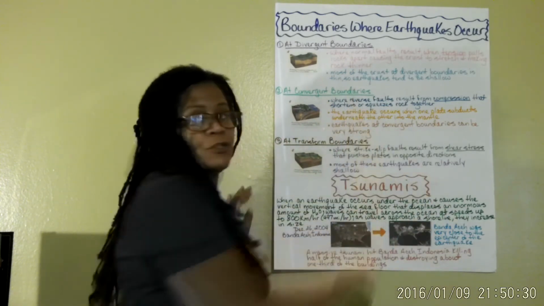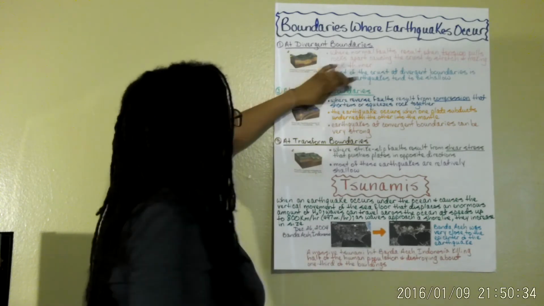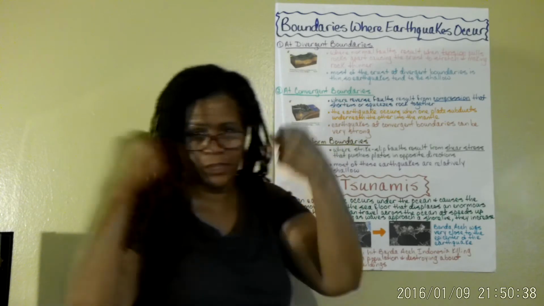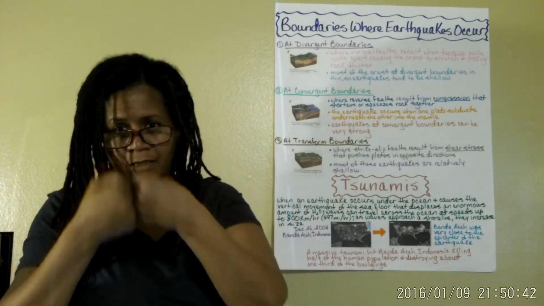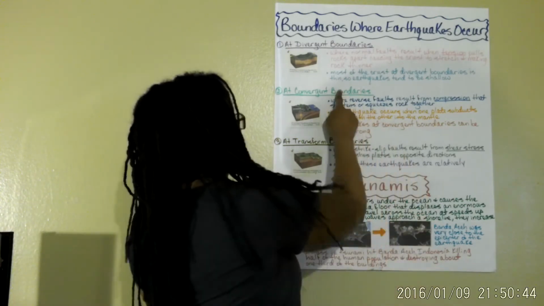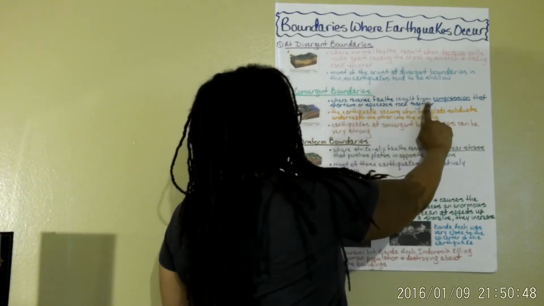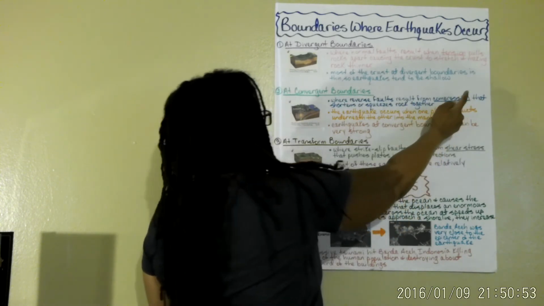At convergent boundaries, that's different. When we have a convergent boundary, remember convergent, collision? Remember the C's. Convergent, collision, compression. Okay? So at a convergent boundary, it's where reverse faults occur because of compression.